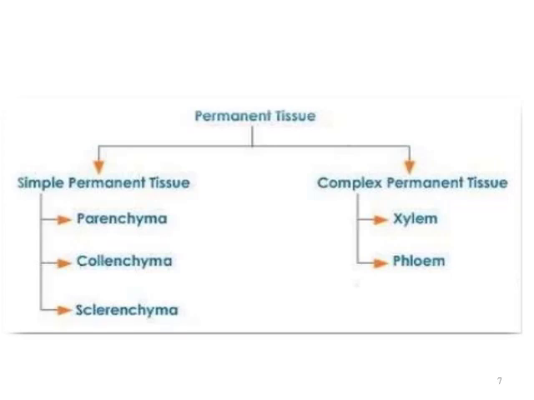These permanent tissues are further classified into two types of tissue. One is simple permanent tissue and the other one is complex permanent tissue. In this lecture, we discuss only simple permanent tissue.